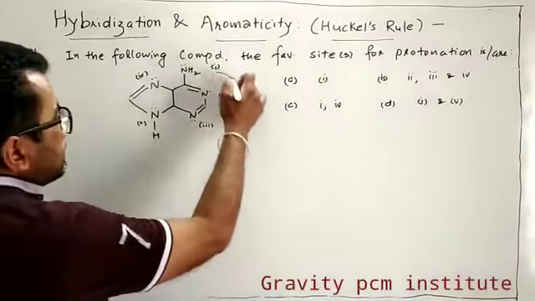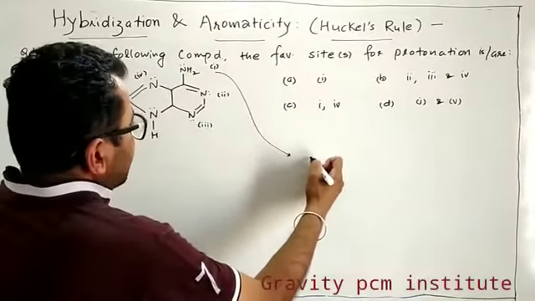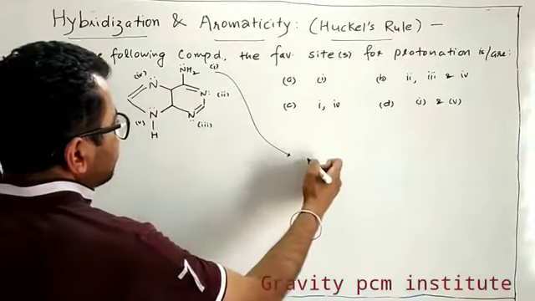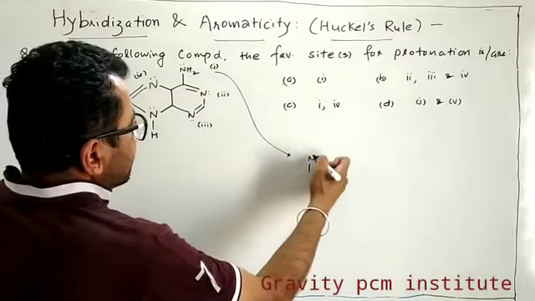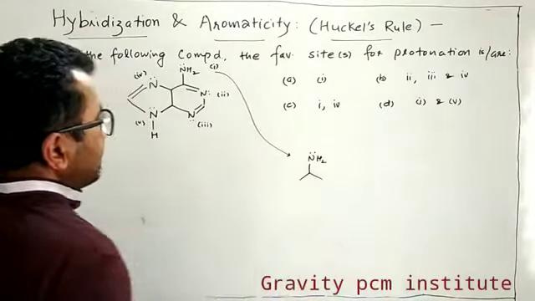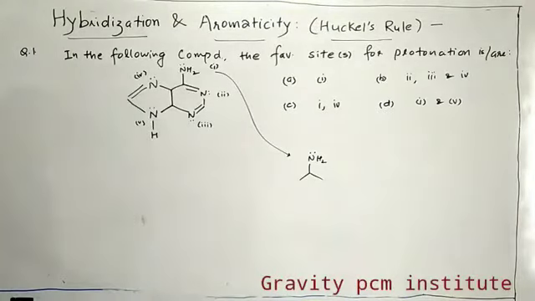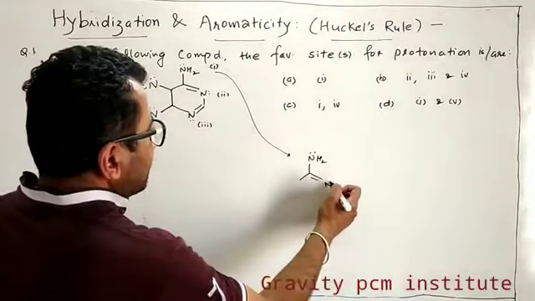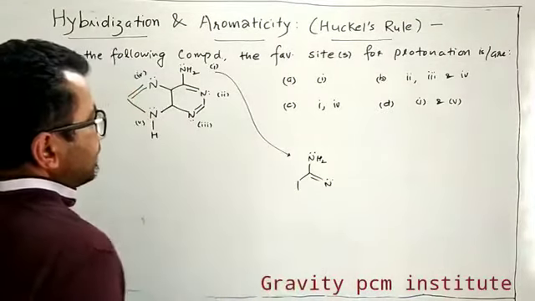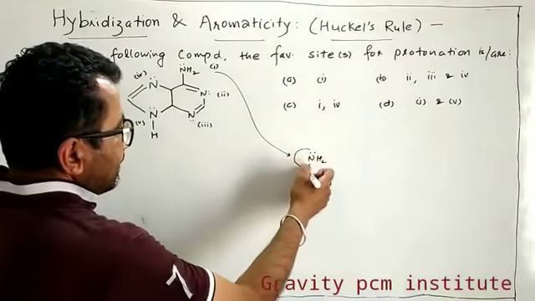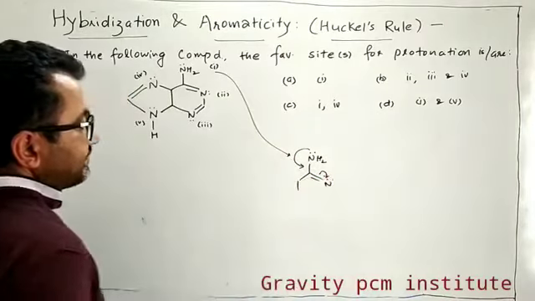So come to the first. Here the nitrogen has a lone pair like this, and here is a benzene ring. So this lone pair of electrons is involved in resonance because they undergo resonance like this.